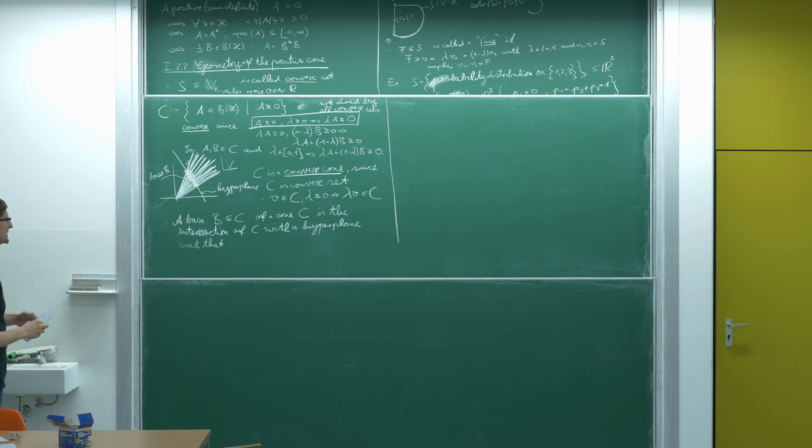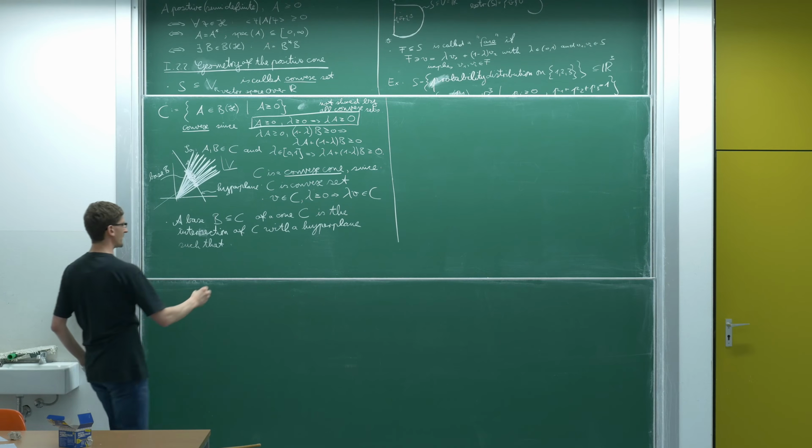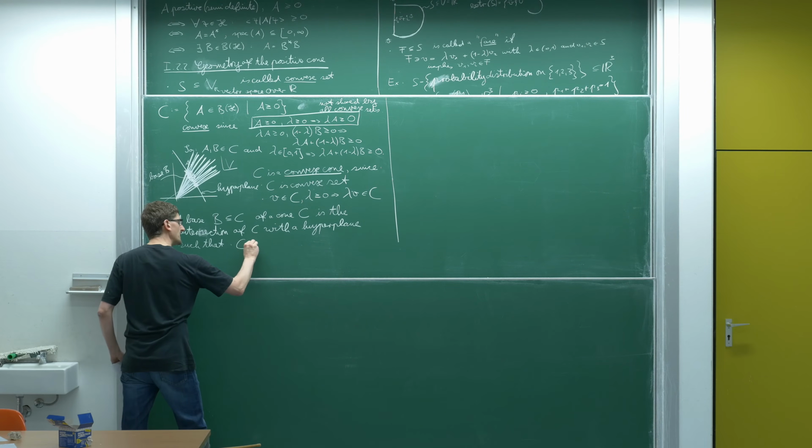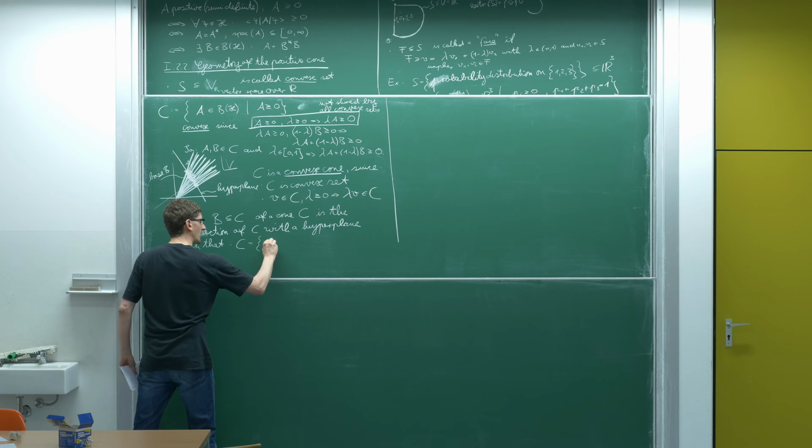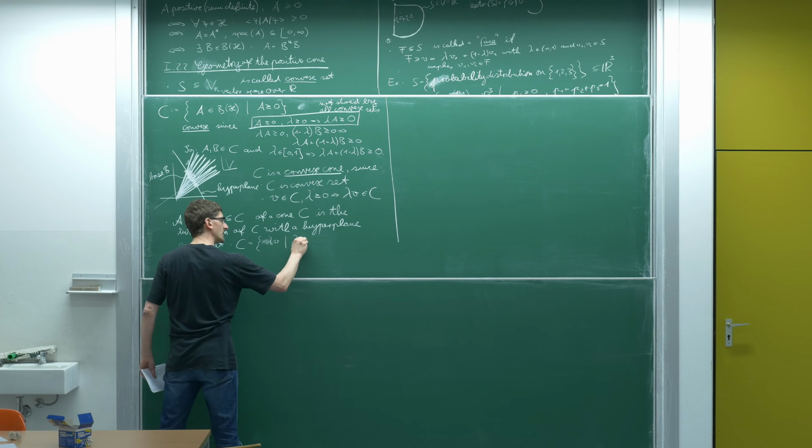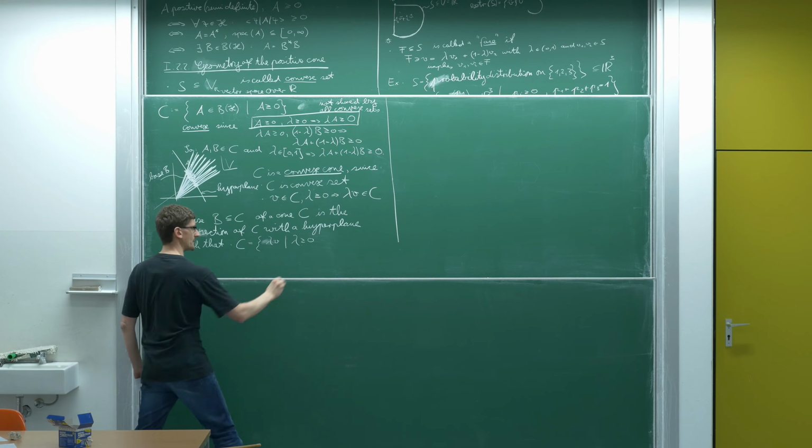So the hyperplane has to be chosen correctly, namely in such a way that the cone C is equal to lambda times v for all positive elements lambda.